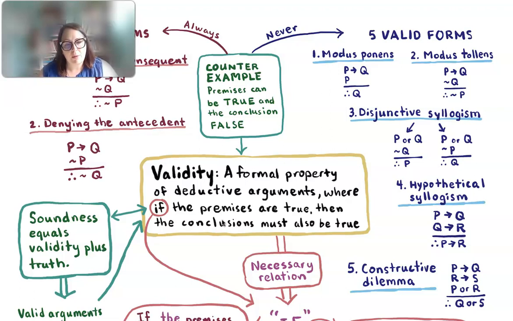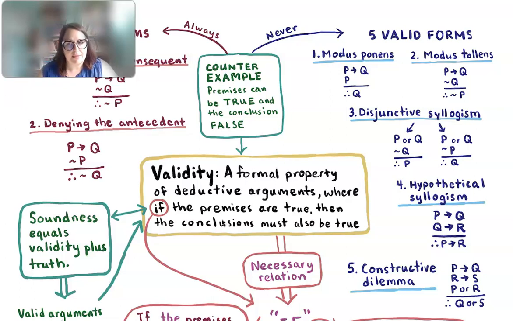So it's a formal property of deductive arguments where if the premises are true, then the conclusion must also be true. So I think of validity as this kind of relationship of force. When we have an argument, we put out the premises and we say if the premises, then the conclusion.